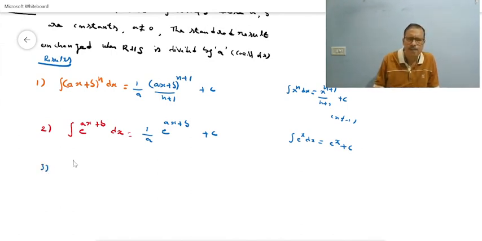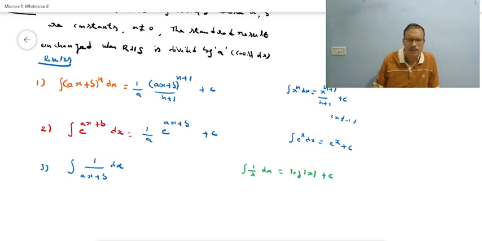Suppose we have integral of 1 by ax plus b dx. We know that integral of 1 by x dx is equal to log of modulus of x plus constant.